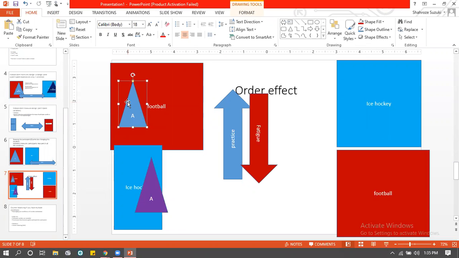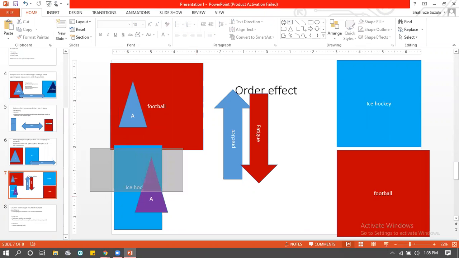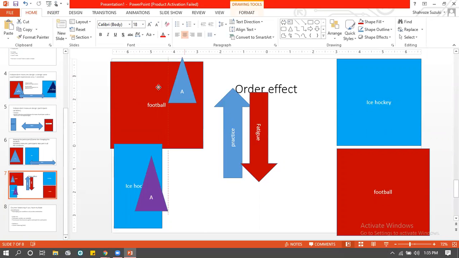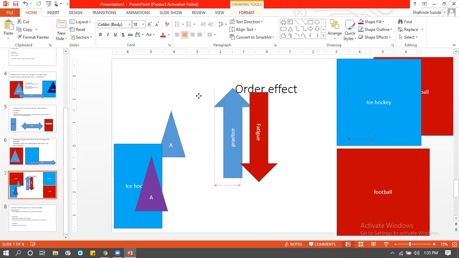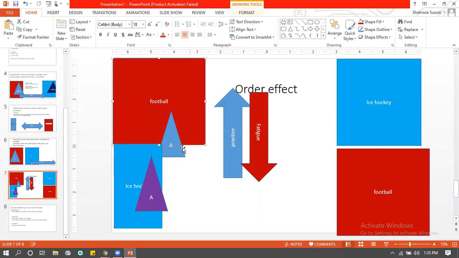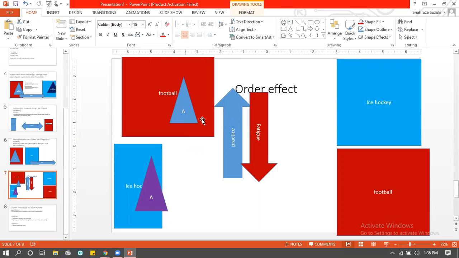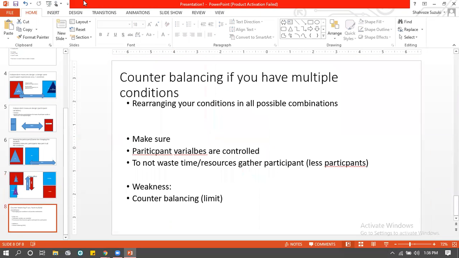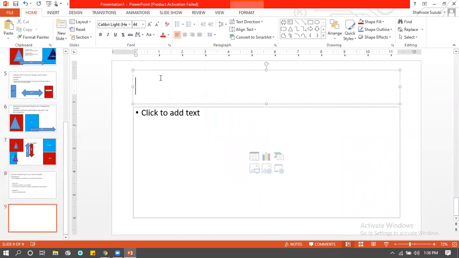There would be no need to do counterbalancing, and no need to check for participant variables, because in both groups there are clones and clones are the same, and because one clone has played only one game, there's no order effect, no fatigue effect. But that's impossible because we cannot clone. So there's another alternative, that's matched pair.